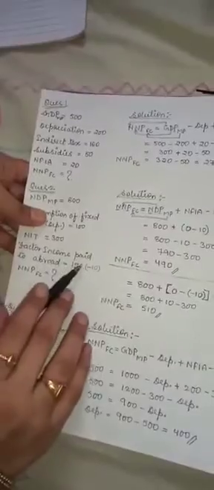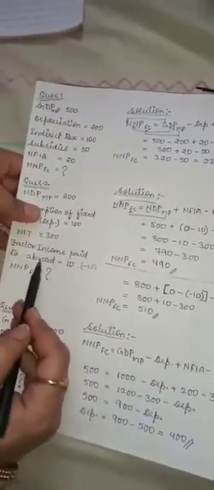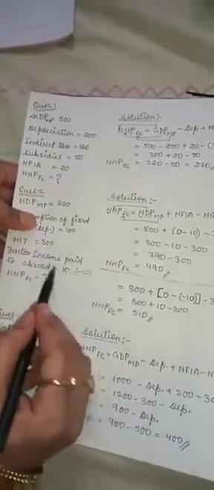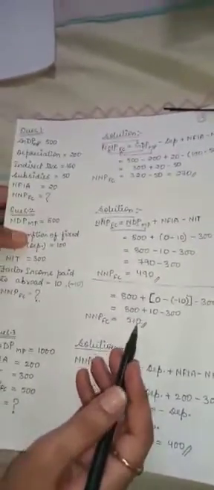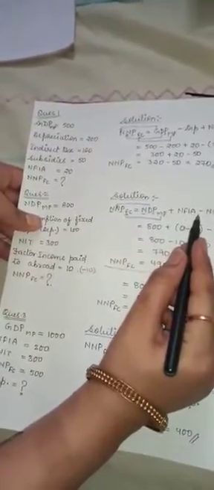Again, if the question is the same, only one thing we have changed. That means here factor income paid to abroad is minus 10 instead of 10. So in this case, let's see how the answer changes. All the things are the same, only here 0 minus 10, that means net factor income received from abroad minus paid to abroad.